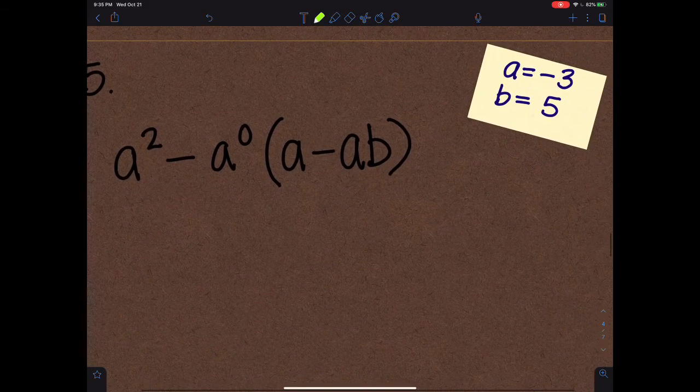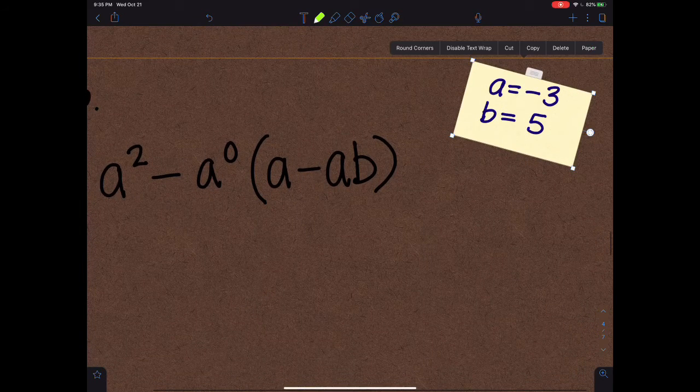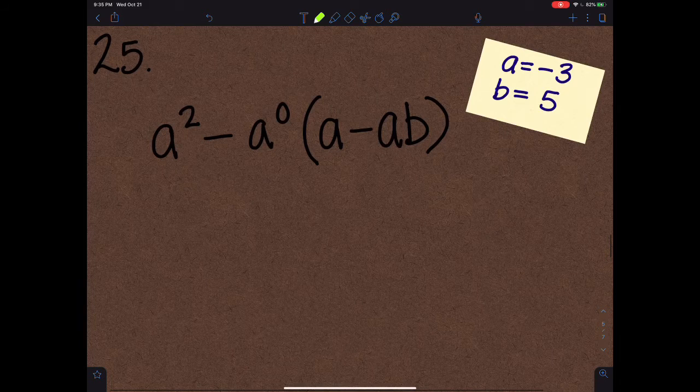All right, let's go on to number 25. 25 is evaluate this expression. And it tells you that they want you to use a equals negative 3 and b equals 5 in the equation. Now, the first thing I'm going to do before I plug in any numbers is just simplify this a little bit, because I don't like that exponent of 0. That exponent of 0, that's just 1.